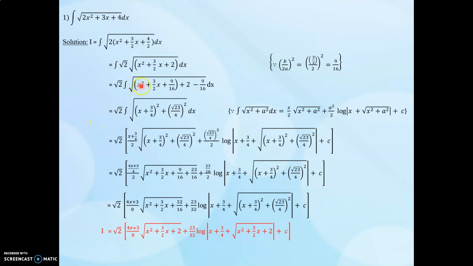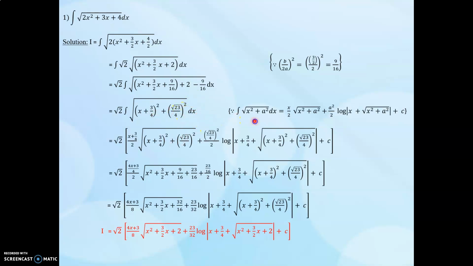So root 2 into integral root of x square plus 3 upon 2 x plus 9 upon 16 plus 2 minus 9 upon 16 dx. Now this is a perfect square, so you can write it as root 2 into integral root of x plus 3 upon 4 whole square plus 32 minus 9 is 23, and to make it a perfect square, root 23 upon 4 whole square dx.